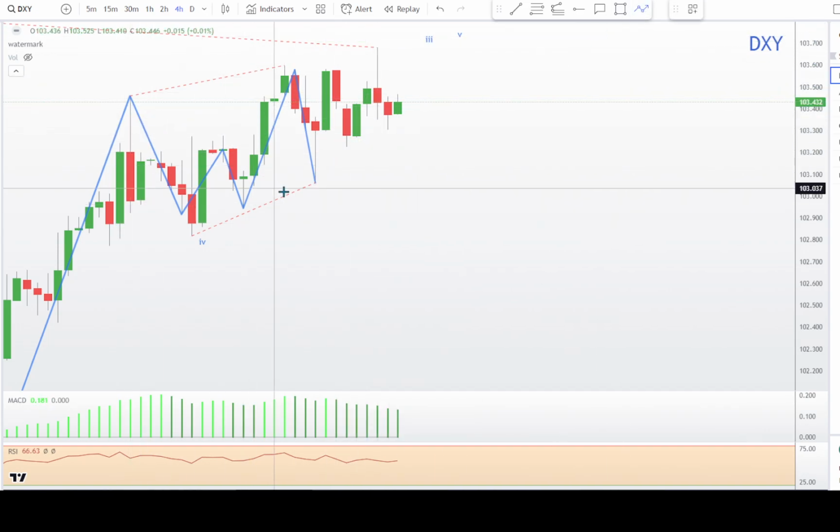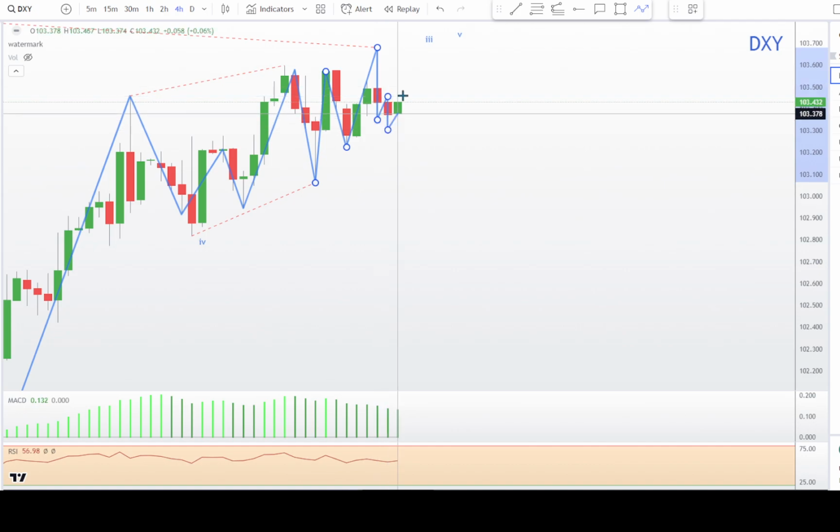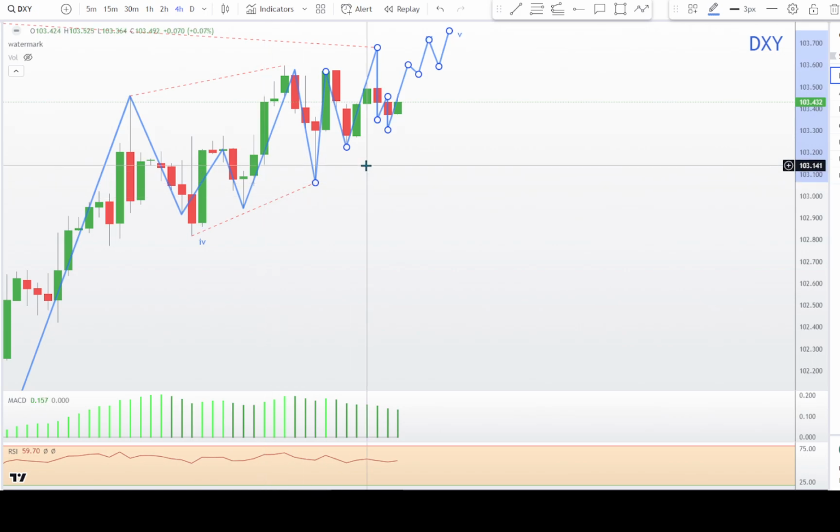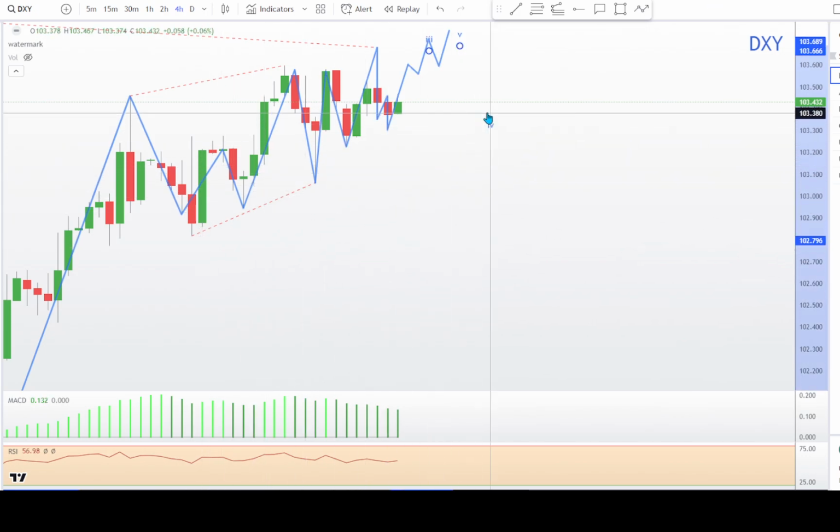So I think this is 1, 2, but I think this is a 1, 2, 3, and like a little 1, 2, 3. So I think they're gonna just kind of keep pushing up here. This is gonna be an ending diagonal for this third wave. So I'm gonna slide 4 over here and 5 over there, just placeholders.